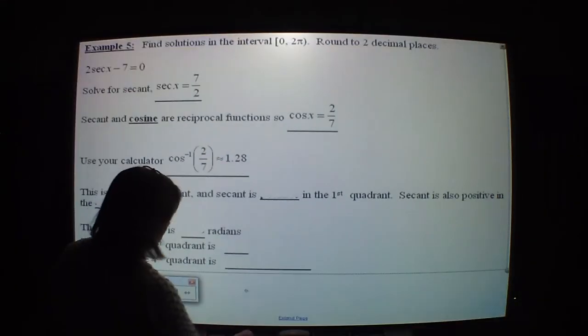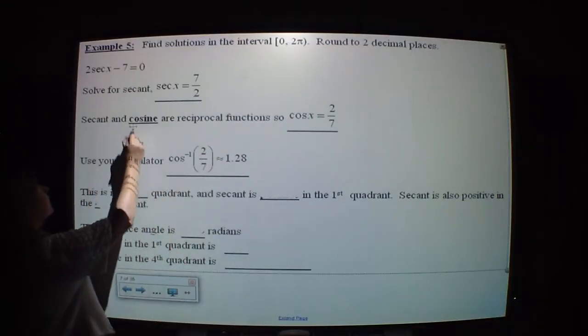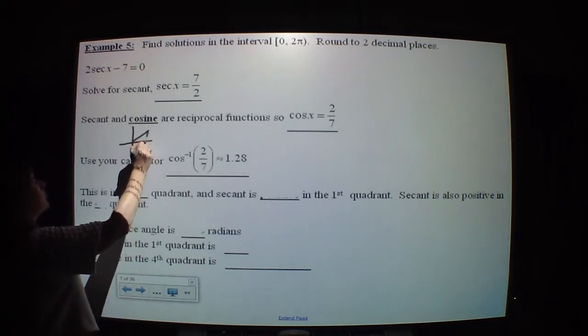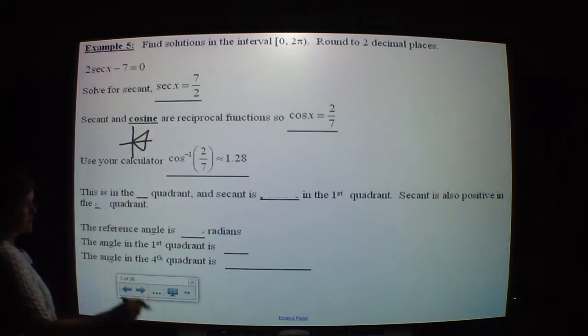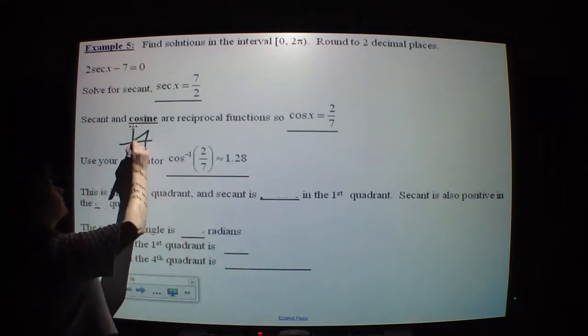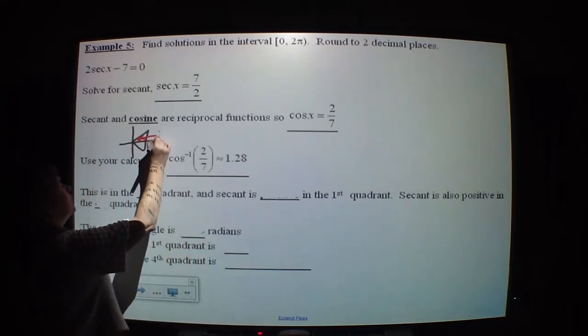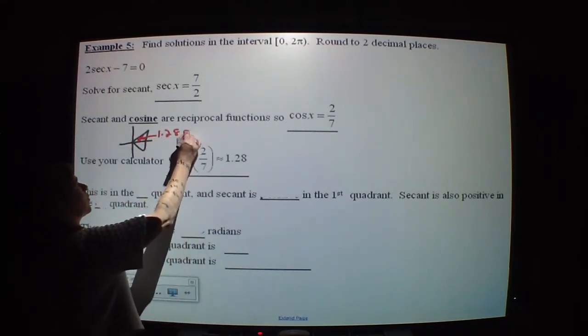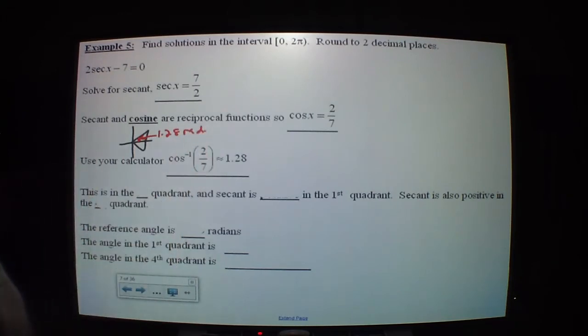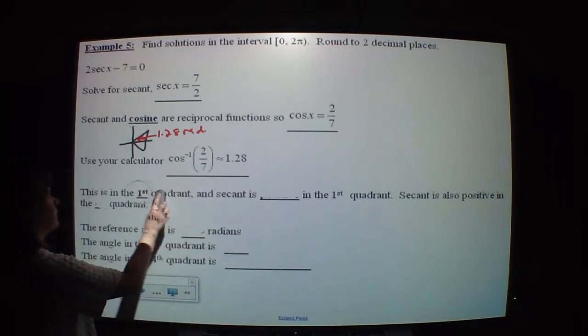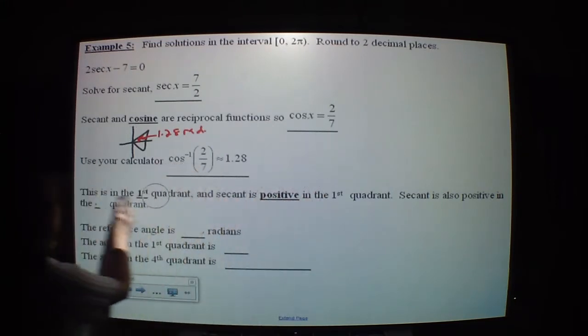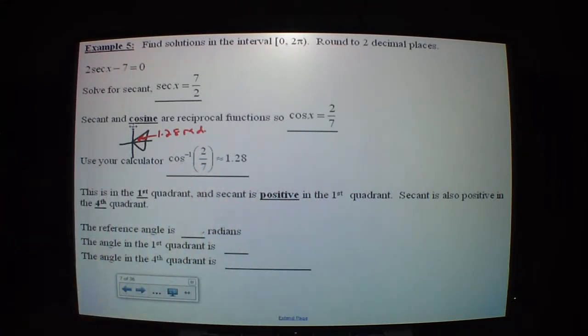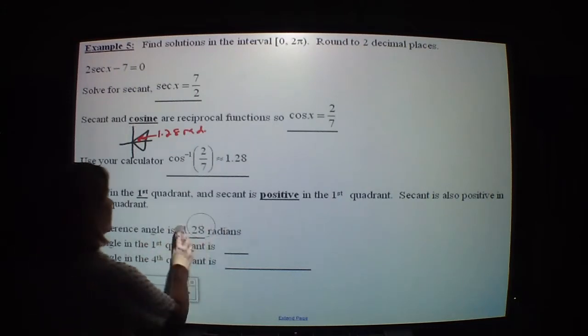Okay? So, let me draw a picture. Cosine's positive there. Cosine's positive there. This reference angle here is 1.28 radians. So in the first quadrant, it's just 1.28 radians. In the fourth quadrant, here's 1.28 radians.